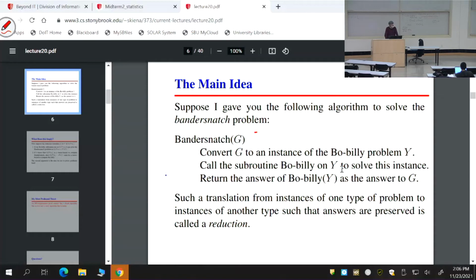What problem is Bandersnatch? Satisfiability. And what is Bobilly going to be if I want to prove that 3 sat is hard?